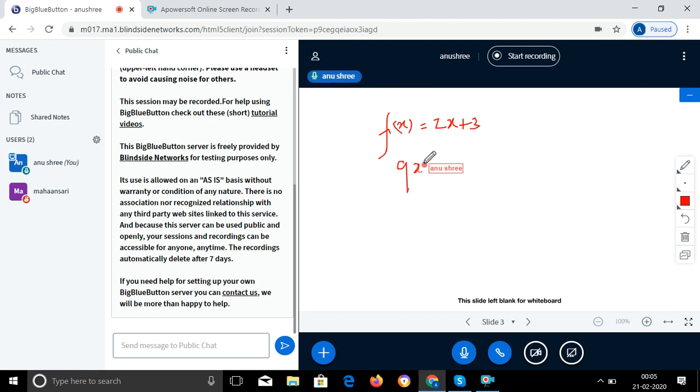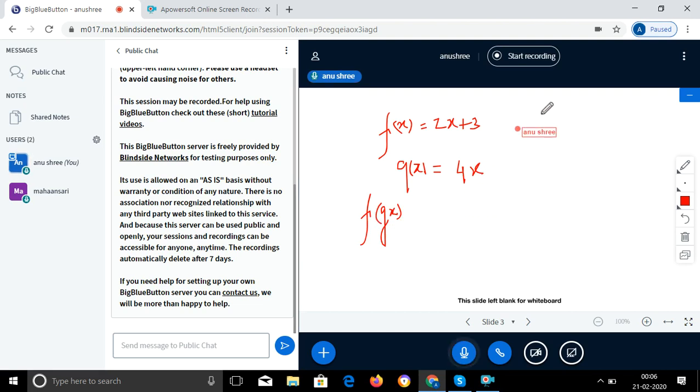See, when two different functions are given, previously we were doing only one function. But when two different functions are given, suppose this is 2x plus 3 and this is 4x. And the question is calculate f(g(x)).